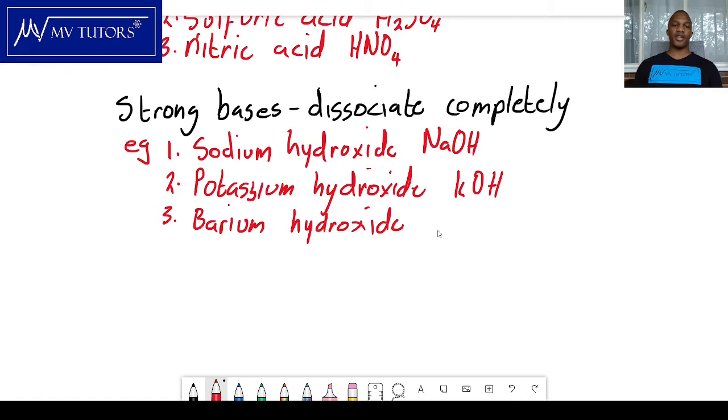You see, all the strong bases have an OH in them. If you look at your periodic table, sodium and potassium are in the first column, and barium is in the second column.